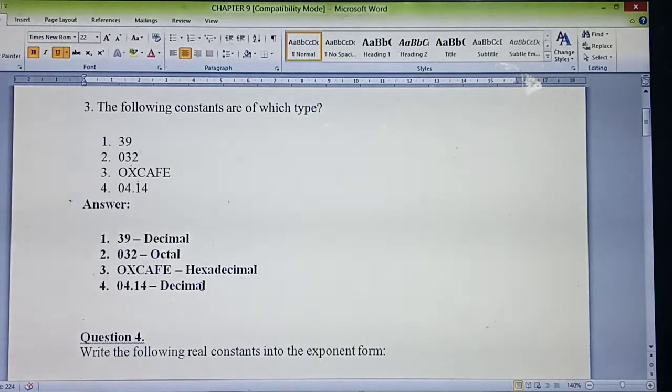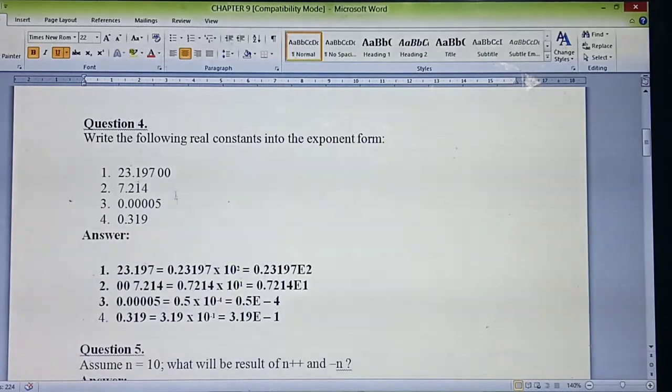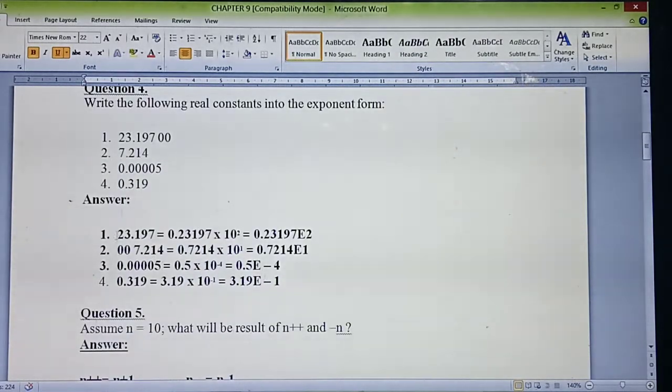This is the third 2-mark question. Then the fourth question answer is this one. Write carefully. This is the fourth question answer.